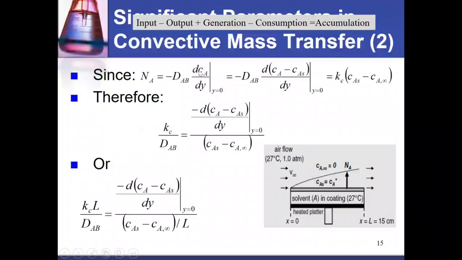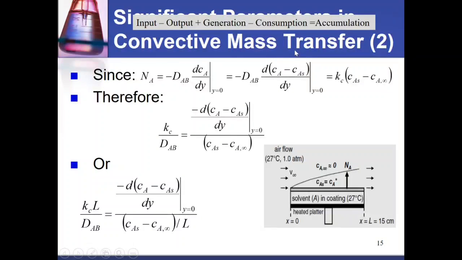And as you know, CAS is constant, so the derivative of CA minus CAS will equal the derivative of CA. If you put brackets like this and insert any constant here, the derivative will remain the same. So d(CA minus CAS) is the same as dCA. Any constant here will not affect the derivative, because the derivative of a constant is zero. So now we have this equality at Y equals 0.